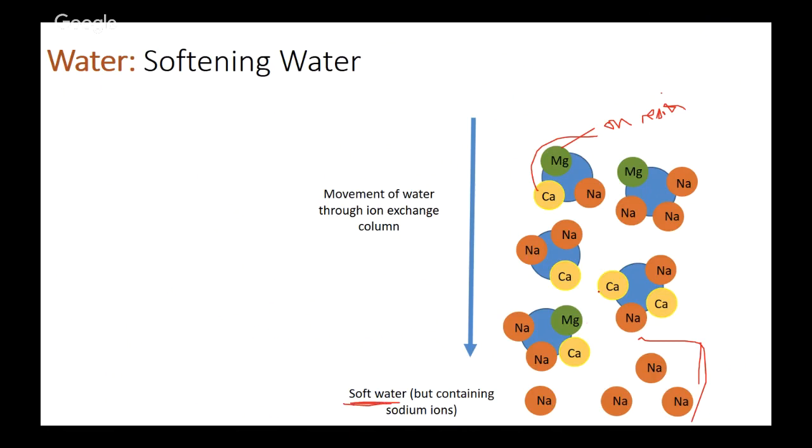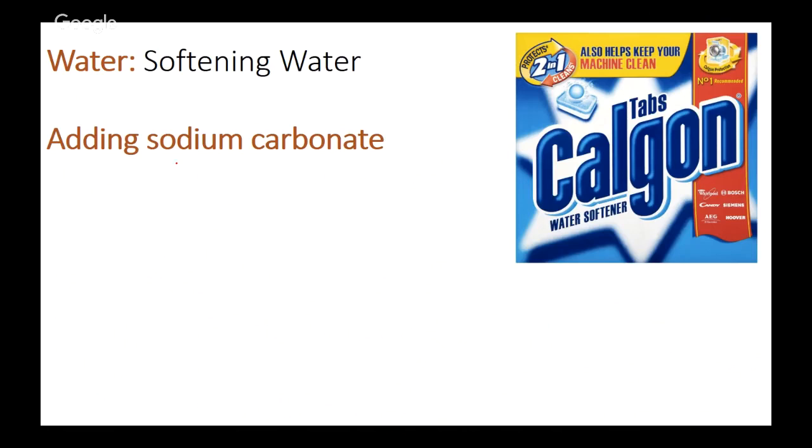The other way then that you can soften water is to use sodium carbonate. So you might see some adverts on television for water softeners like Calgon. When you add sodium carbonate, these react with the calcium and magnesium ions.